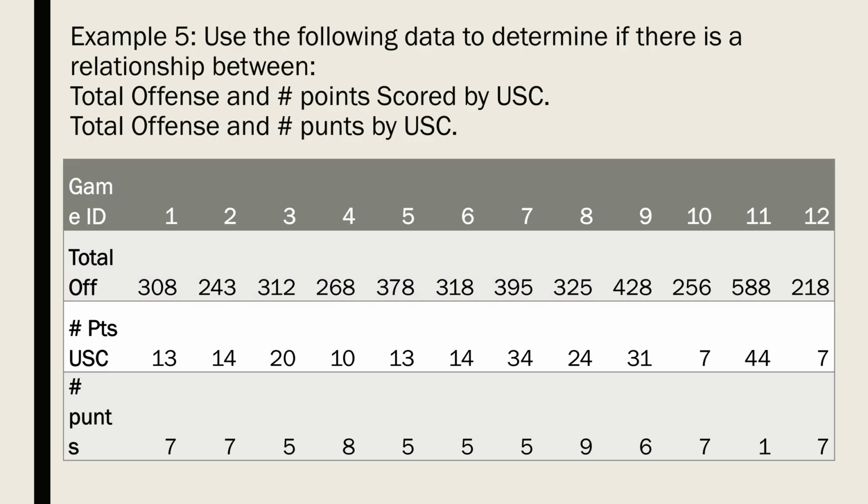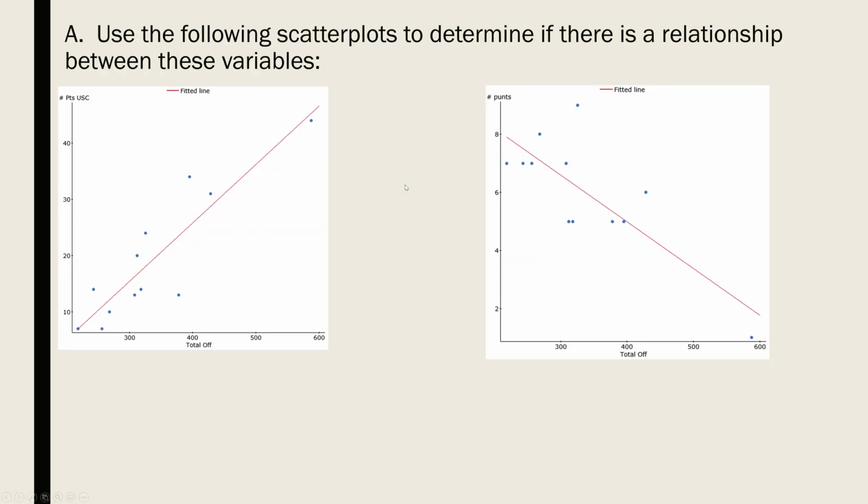Example 5. Use the following data to determine if there is a relationship between total offense and the number of points scored by USC, or total offense and the number of points by USC. Use the following scatter plots to determine if there is a relationship between these variables.